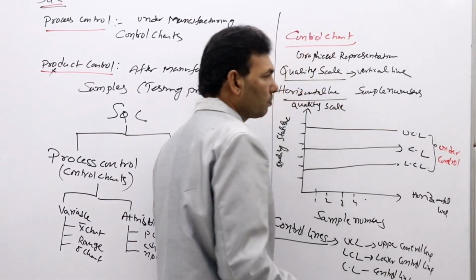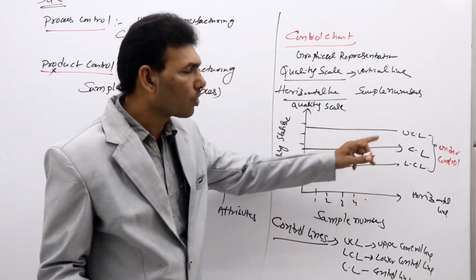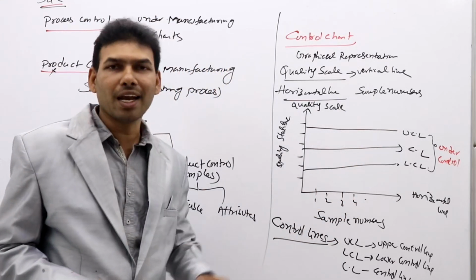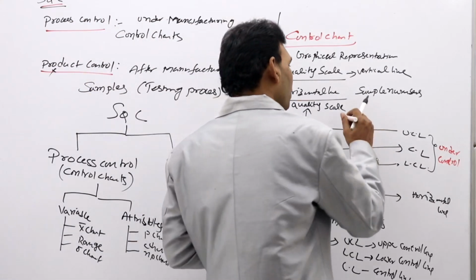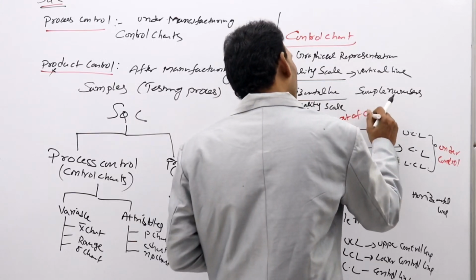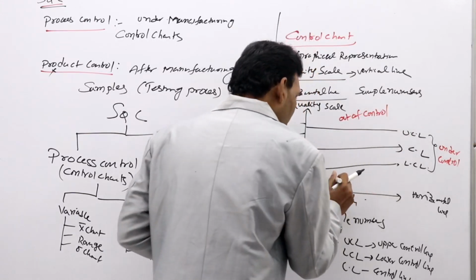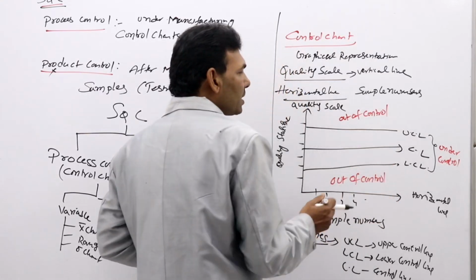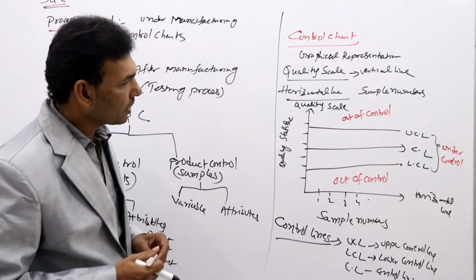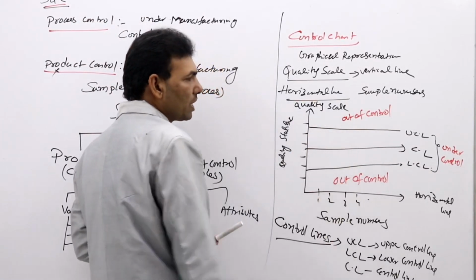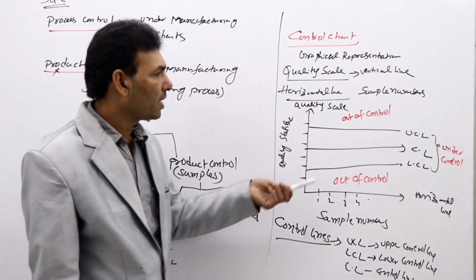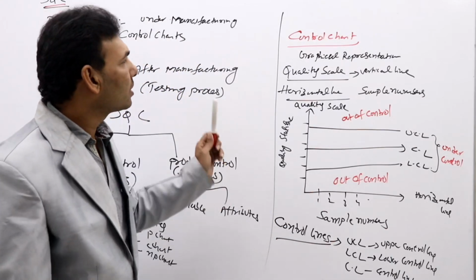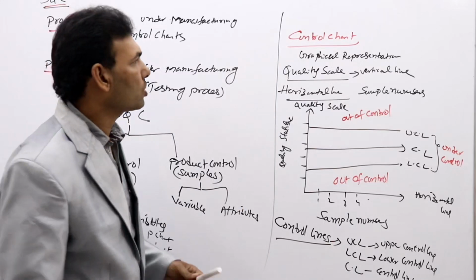If the chart crosses UCL or LCL, then we say that the process is out of control. If you get the chart here or here, we can very easily say the process is out of control. When the chart is in between UCL and LCL, then only we can say the process is under control.